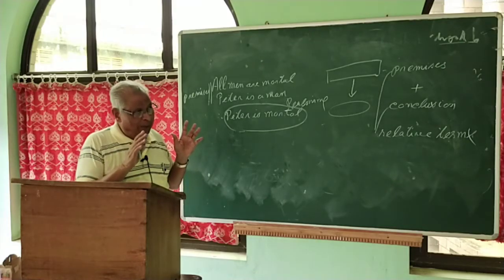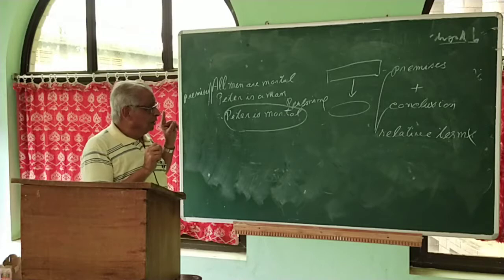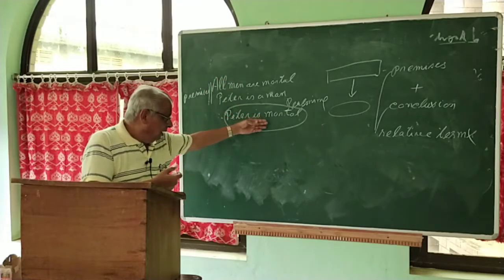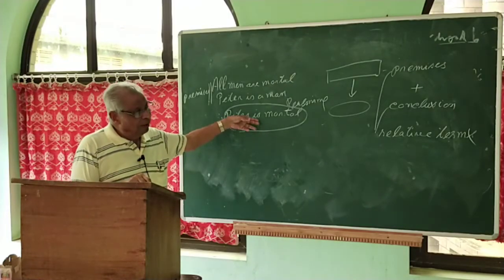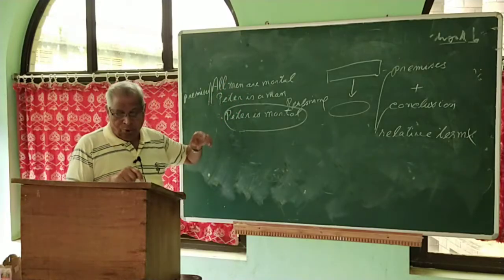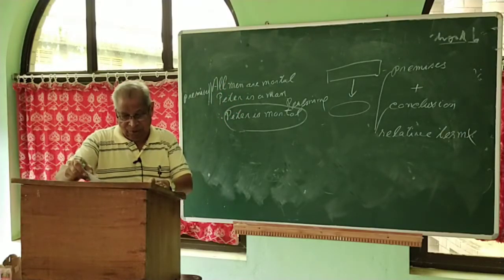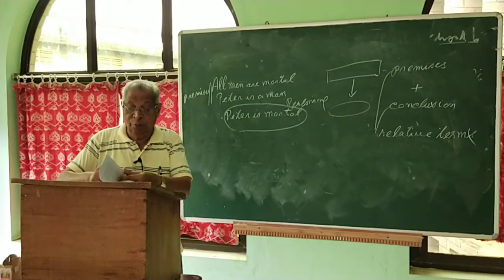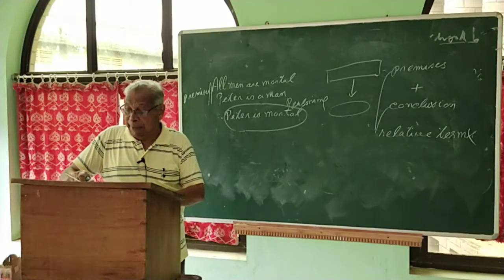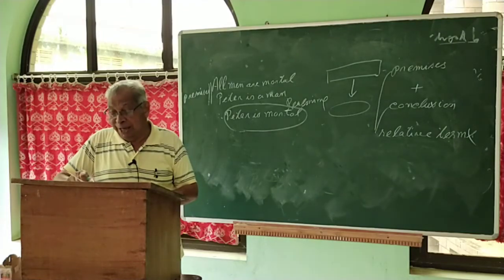But the best way to understand is to look at the context, and from that, what type of function a particular proposition is carrying out. Then we are able to make out whether it is a conclusion or a premise. So this is along with the working definition of logic, a practical science of valid reasoning.